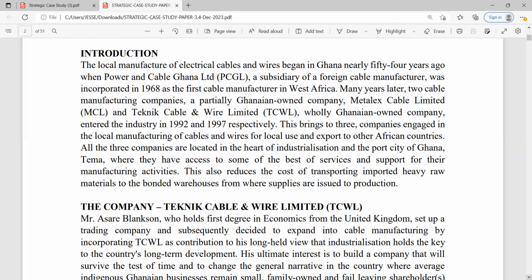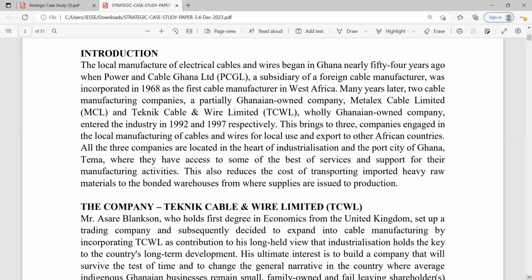And also, we know that PCGL is a subsidiary. PCGL also is described as limited, and we've talked about that. So these are things that should begin kickstarting in your mind, and you don't read the case study like a novel. You analyze everything, right? You analyze everything.